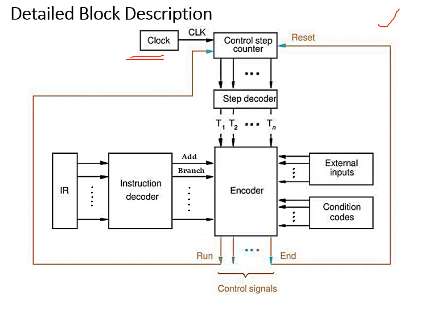As the clock keeps ticking, there is a counter, the step decoder or step counter. So what does this step decoder do? Once an instruction starts executing, it informs the encoder which clock cycle it is.